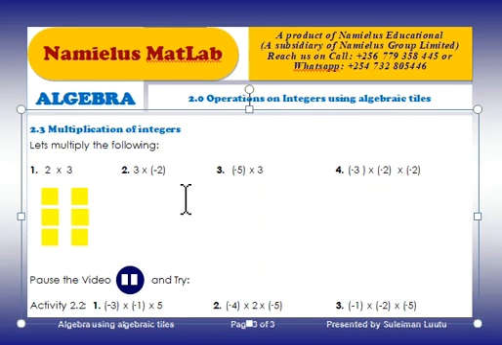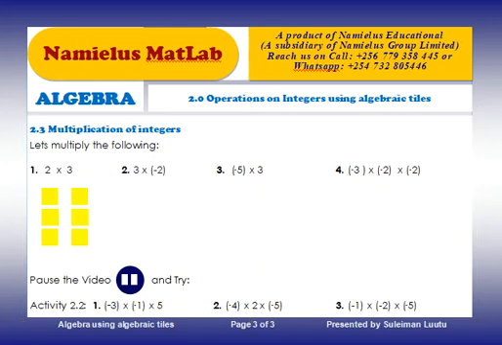And then let's go to the next. We have 3 times -2. So we have -2 3 times.